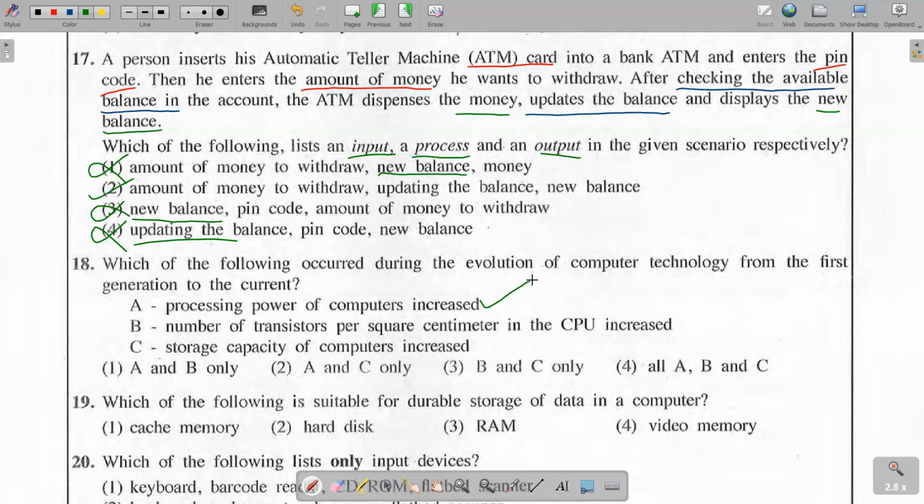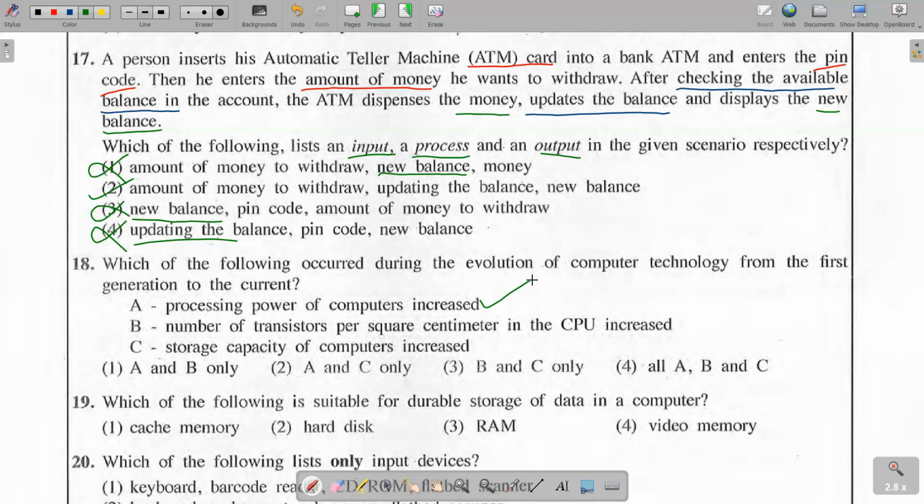Yes, because ICs are the technology used to create the CPU, and inside the ICs, there are transistor type circuits. With time, the technology inside the CPU has developed. So the number of transistors per square centimeter is getting increased. That is how it increased the performance as well.